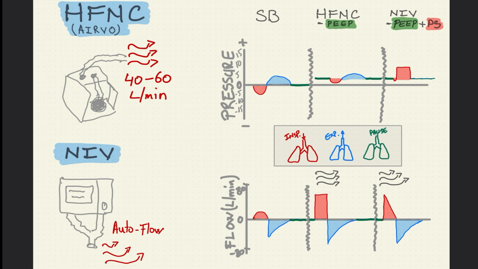During inspiration, the diaphragm contracts, increasing the thoracic volume. As a result, the pressure inside the thoracic cavity is negative compared to the atmospheric pressure. The air moves from a positive pressure down towards a negative pressure, which is inside the thoracic cavity.